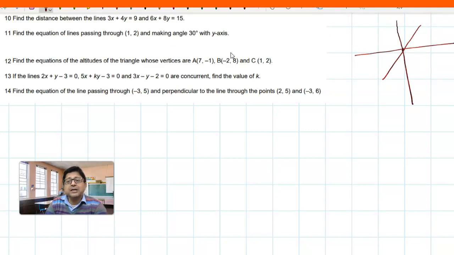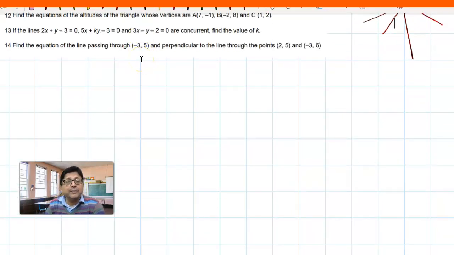There may be four lines, a fourth line also passing through the same point, a fifth line also, they are all concurrent lines. This is the point of concurrency. To find the point of concurrency, we use the simple concept of finding the point of intersection of two lines first and then putting that point of intersection in the third line.